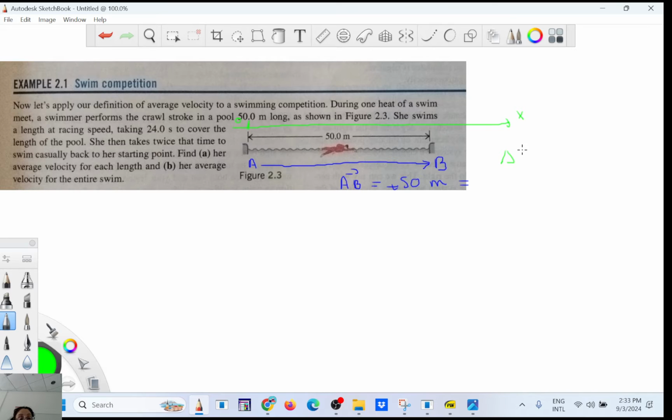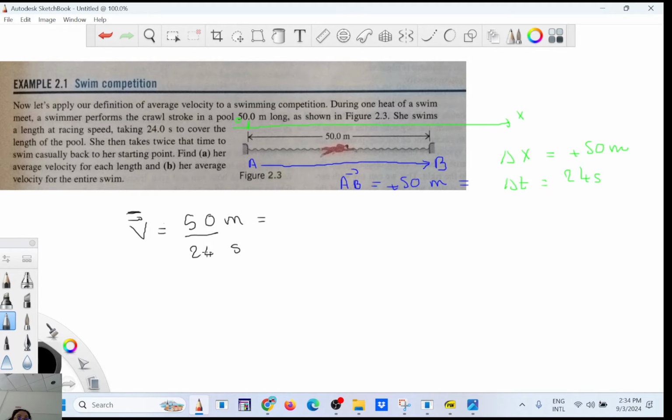So then we can say delta X equals 50, and the time elapsed is 24 seconds. So the average velocity is going to be 50 divided by 24.